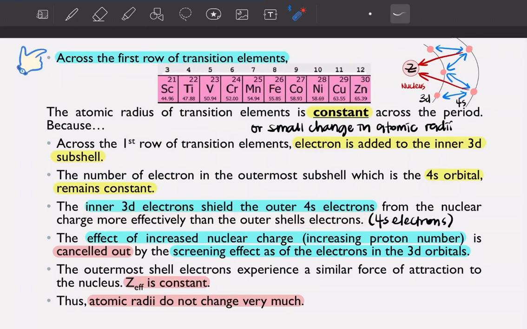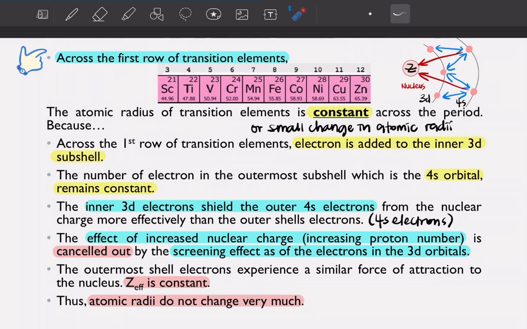So what does that mean? That means that shielding effect, awak punya elektron yang kat luar ni, dia akan experience even more shielding effect when you add more electrons, when going across the period. Okay, so across the period tu, awak punya shielding effect lebih increase.